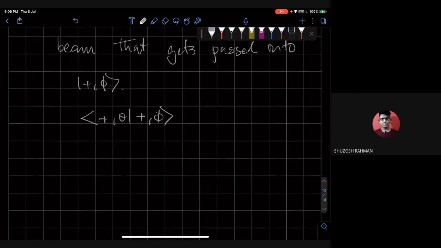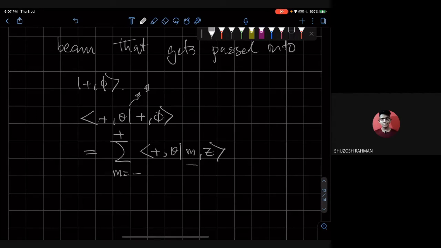How do we do that? Well, we do a decomposition of identity, because there's an identity operator in between these two states. And we use the fact that we can always express in terms of the z basis, where m becomes plus and minus.